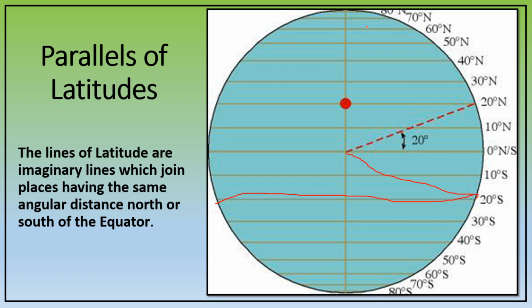And on this side also we have as many latitudes. When the angles of the same line are drawn, then we get parallels of latitude. So the lines of latitude are again imaginary lines which join all the places having the same angular distance north and south of the equator.